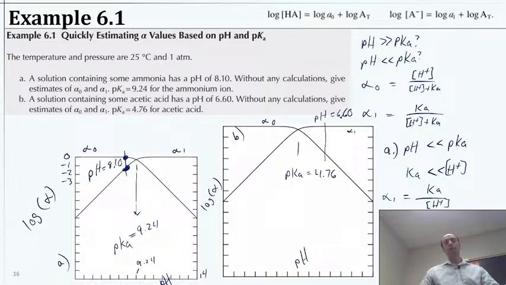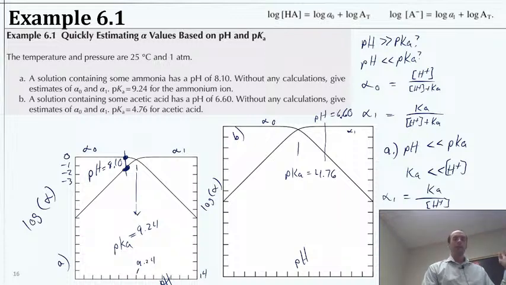Log of alpha 1 is going to be log of Ka minus log of H plus. If we put all those pieces in, that will say negative pKa minus negative pH, so plus pH.